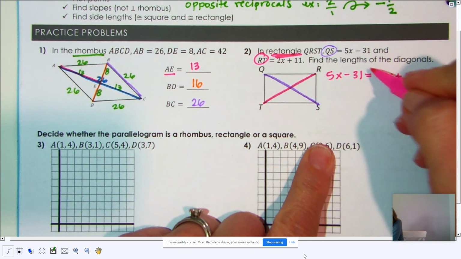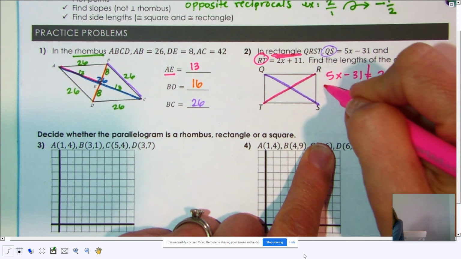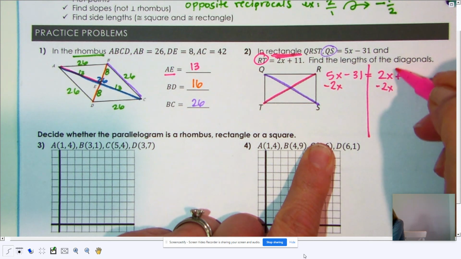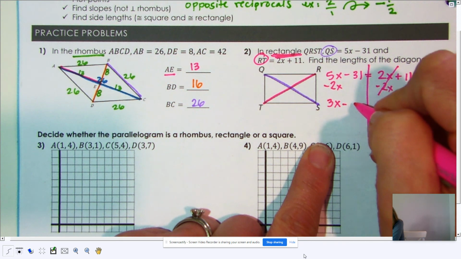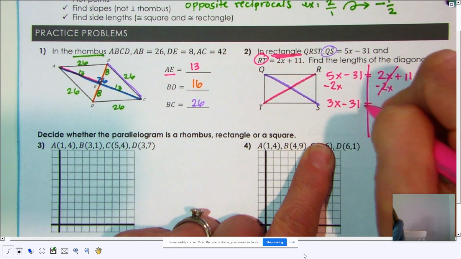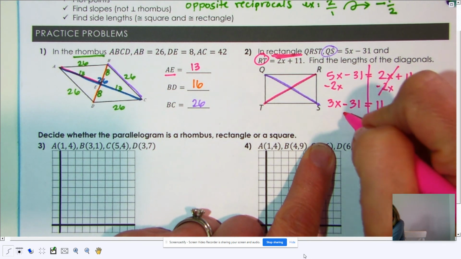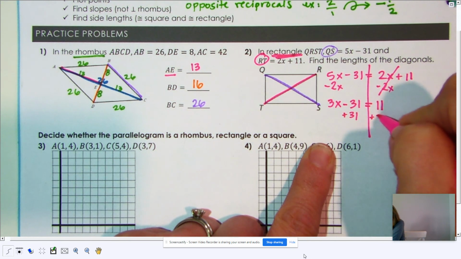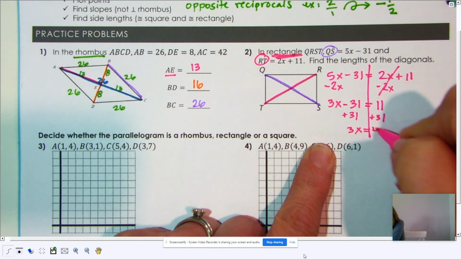Now I'm just going to solve that equation. Remember, I like to get rid of the smaller x first, whatever side it's on. So I have 3x left when I take away 2x from both sides. Over here, I took away all of them, so there's none left. Then I just need to add the 31 to the other side. So I get 3x is equal to 42.